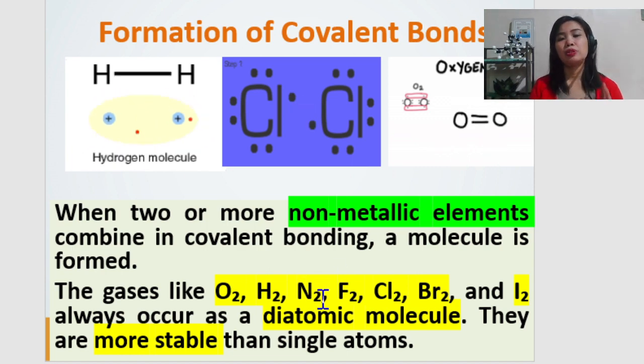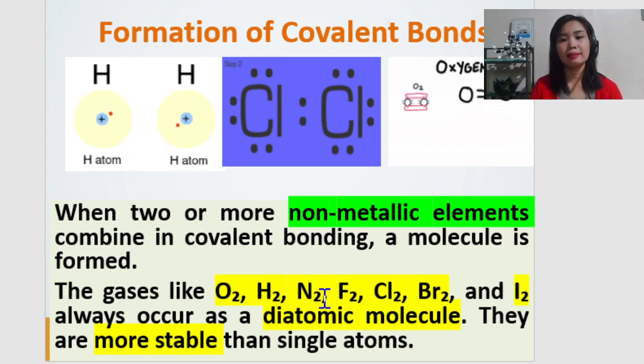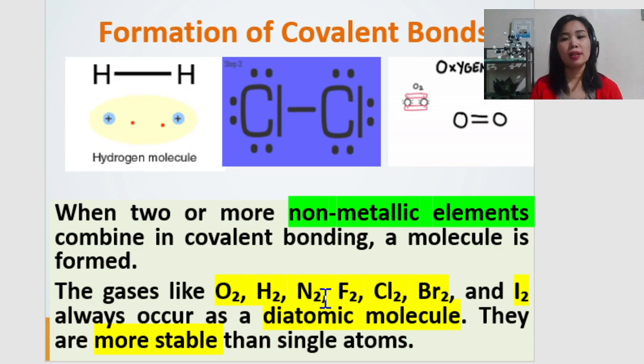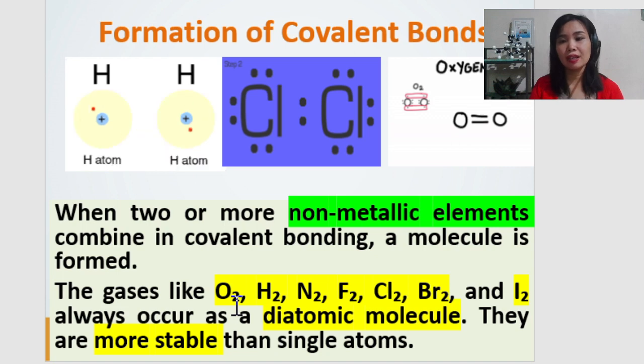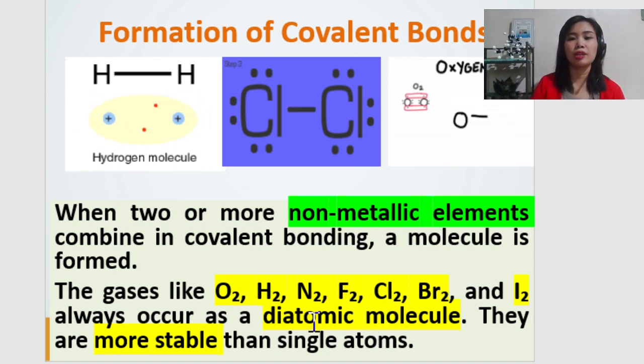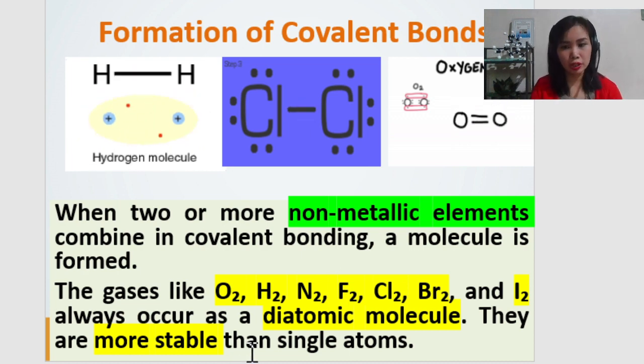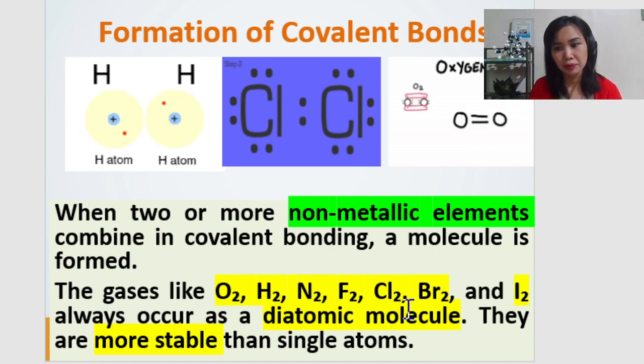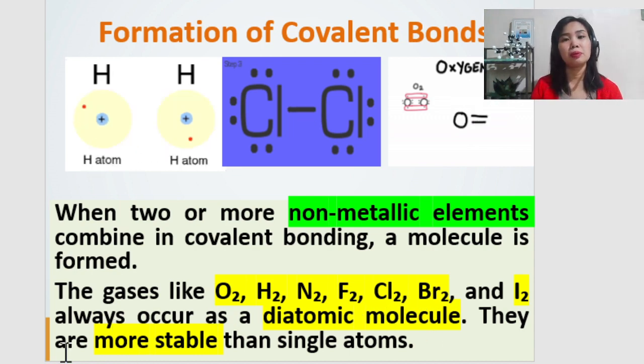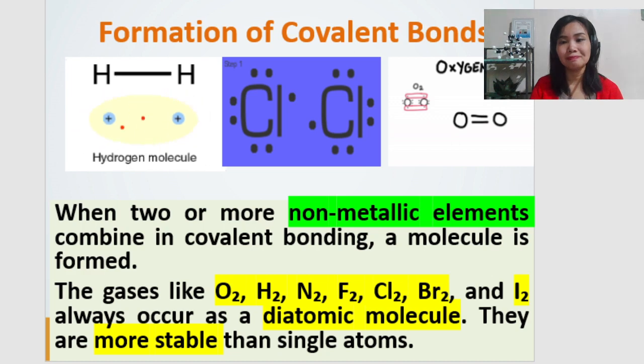Okay? So, when two or more non-metallic elements combine in covalent bonding, a molecule is formed. So, oxygen, hydrogen, nitrogen, and fluorine, like this. Okay? They will occur as diatomic molecules. Hydrogen gas, oxygen gas, okay? And the rest follow. They are more stable than a single atom.